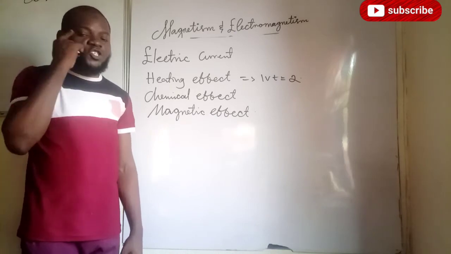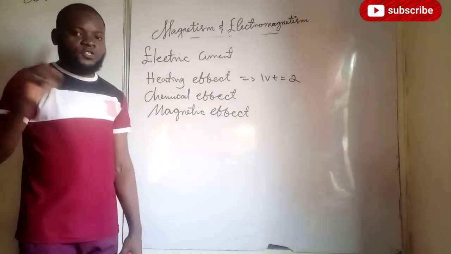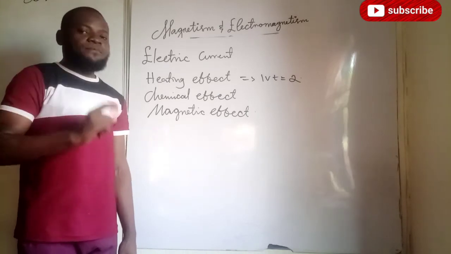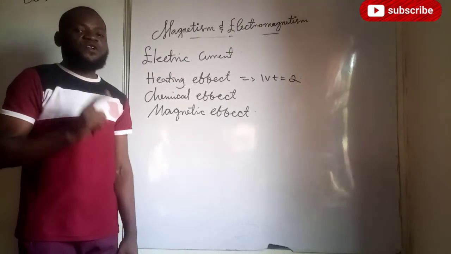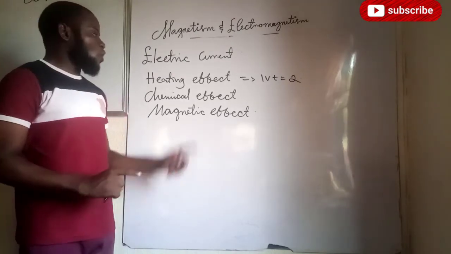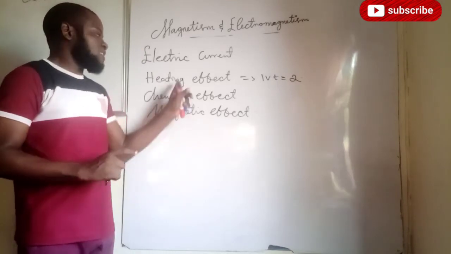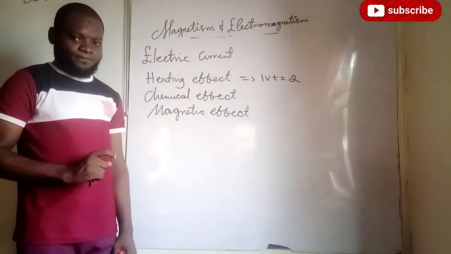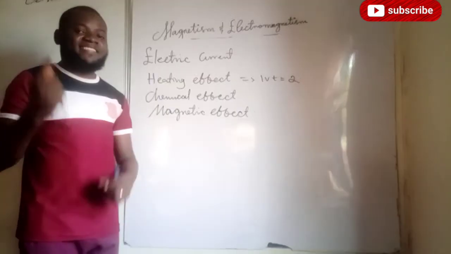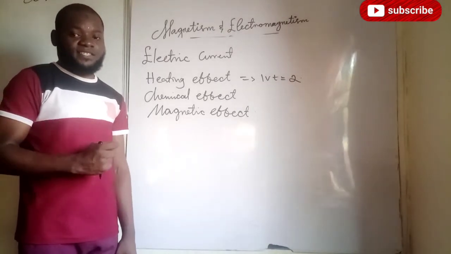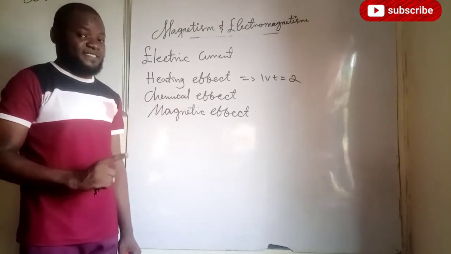When you switch off the bulb, current is not running in the conductor. When you switch on the bulb, the current running in the conductor changes to heat in the filament, and that brings about the lighting effect. The heating of the filament is what results in the light that you see the bulb producing. I'm not going to talk much about this, but I believe you understand it now.